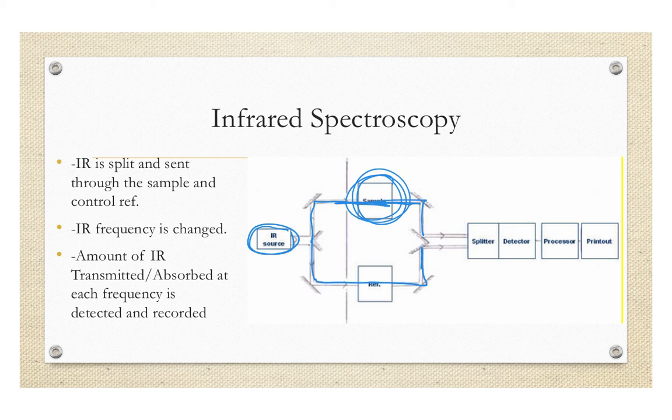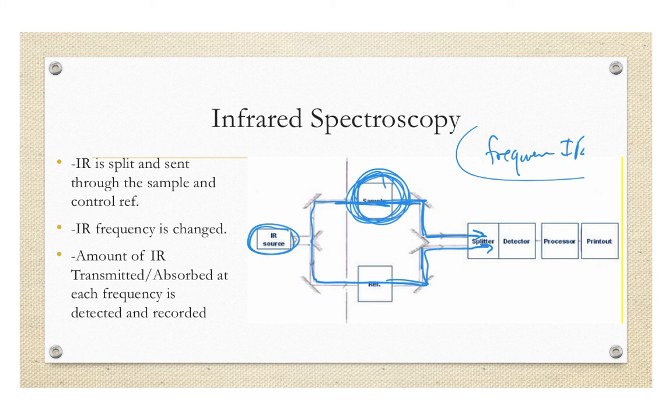Well, that means that the infrared energy that comes through the sample is going to be less, especially compared to the reference. And so you can figure out what are the particular frequencies of infrared that are causing this sample's bonds to vibrate. Once you have that, we can understand better and better how specific bonds cause that change in infrared radiation.